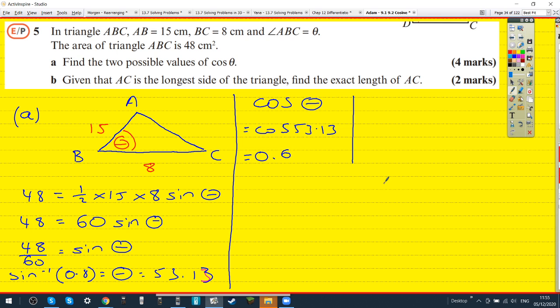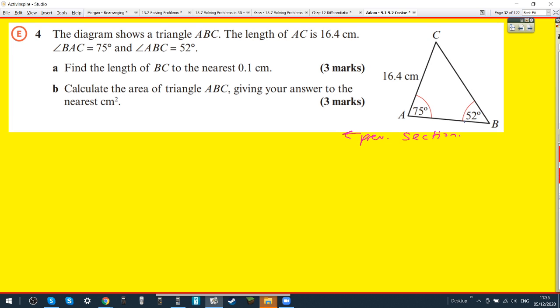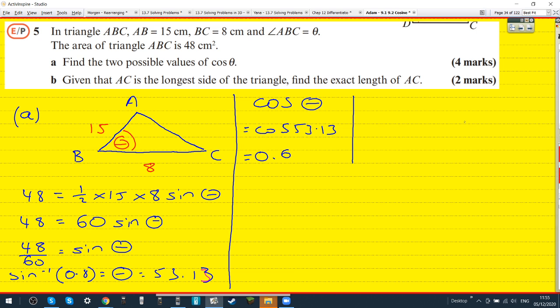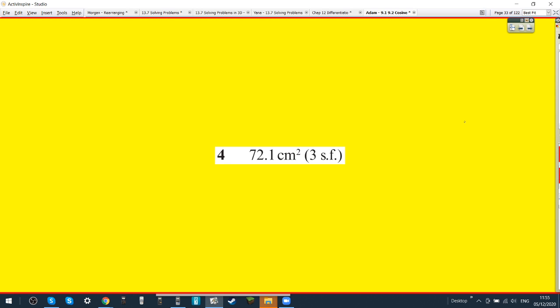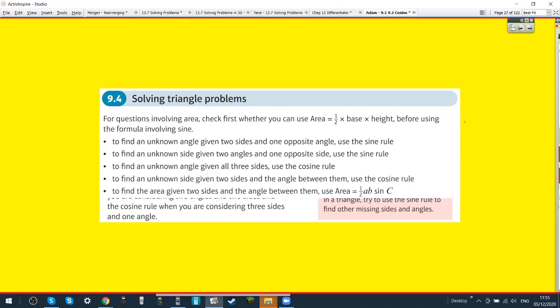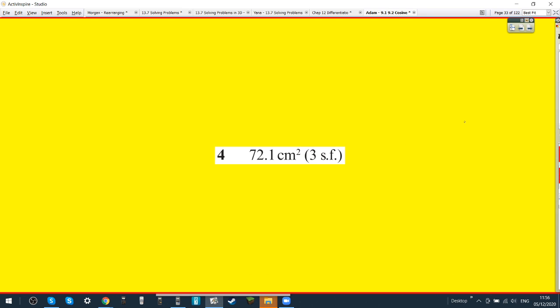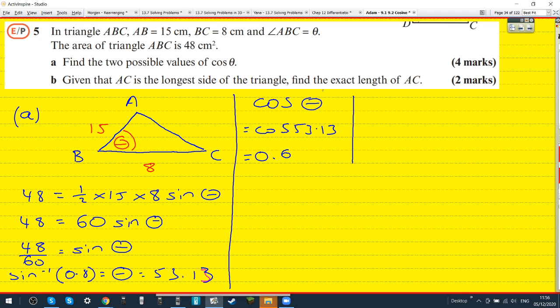How do you get the second answer for cos? Would you do cos of minus 53.13? Sine theta is equal to sine of 180 minus theta. Cos theta is equal to cos of what minus theta?